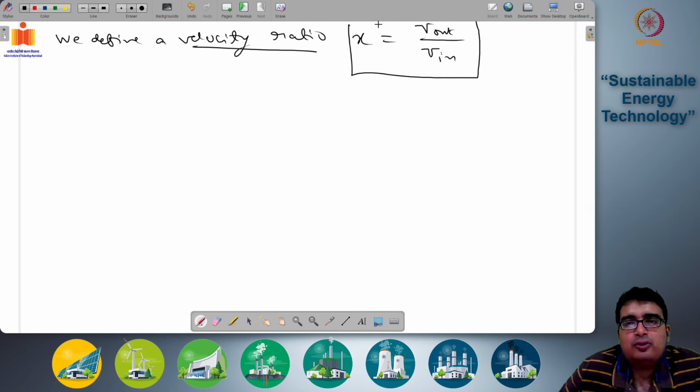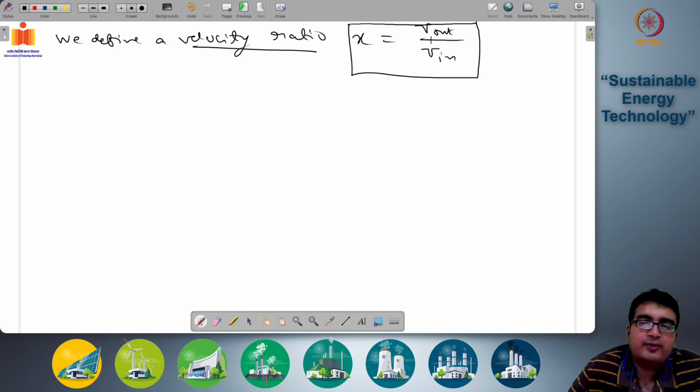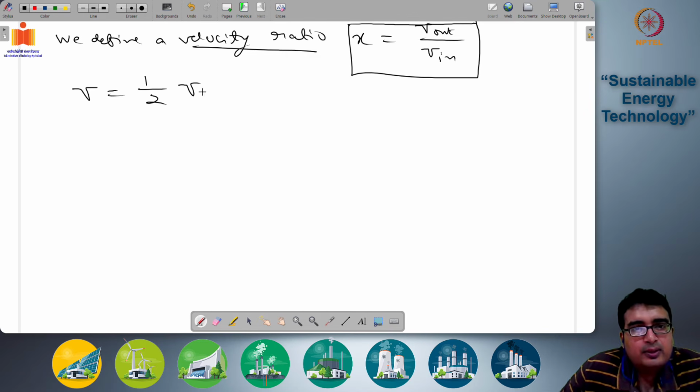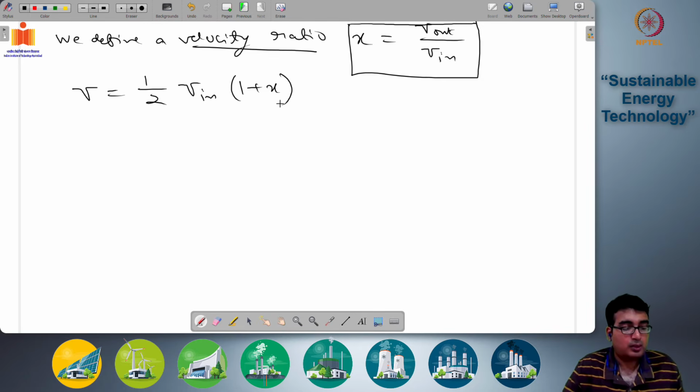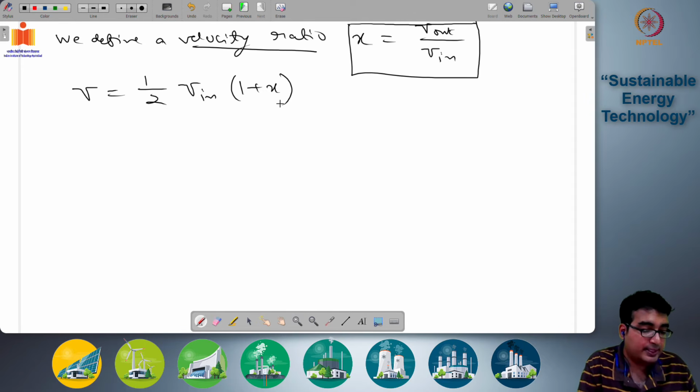The ratio of the output velocity, outlet velocity at far downstream, by inlet velocity in the far upstream. Then we can write under ideal conditions V equals half V in into 1 plus X. Okay.